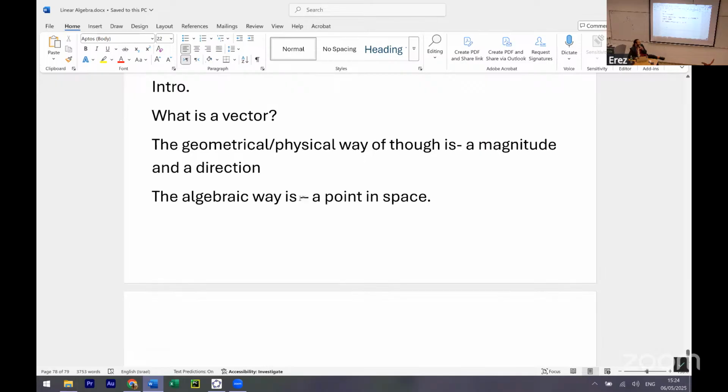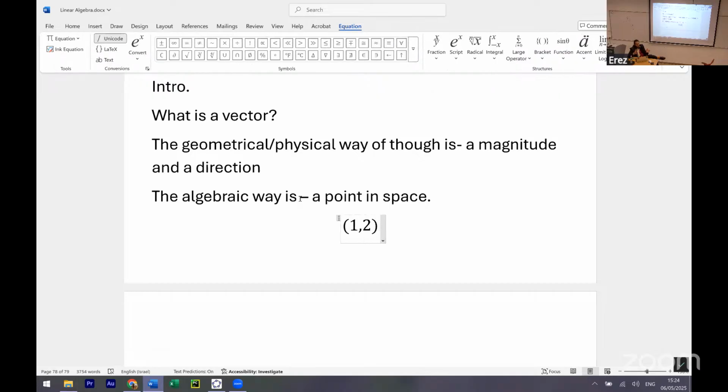Sammy, give me an example for a vector. 2, 1. Exactly. What did you do? You gave me an algebraic answer, right? You gave me a bunch of numbers. You didn't give me a direction. You didn't give me a magnitude. You see why I'm saying it's the algebraic one?